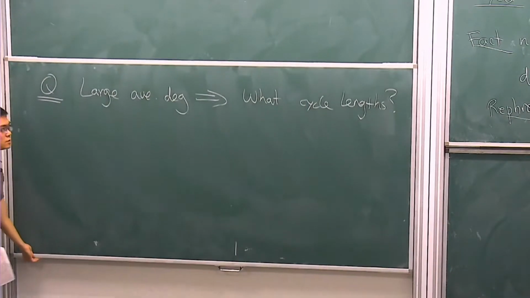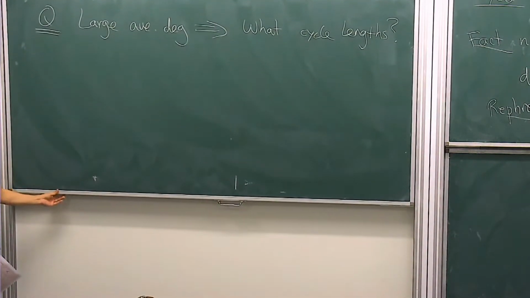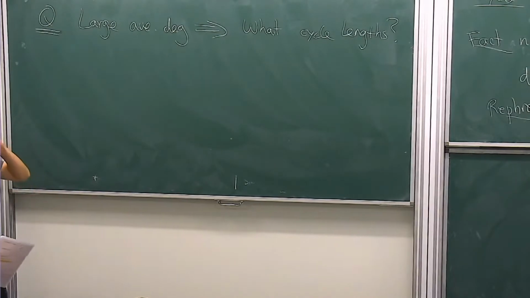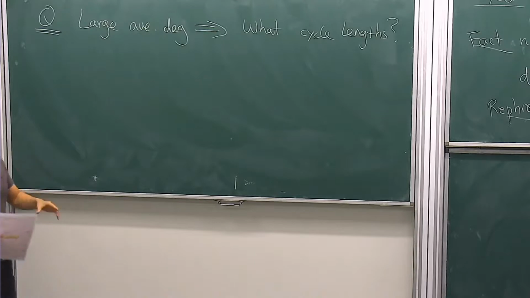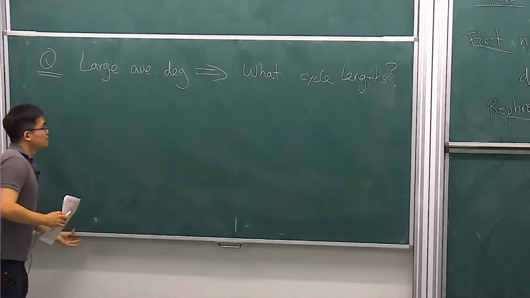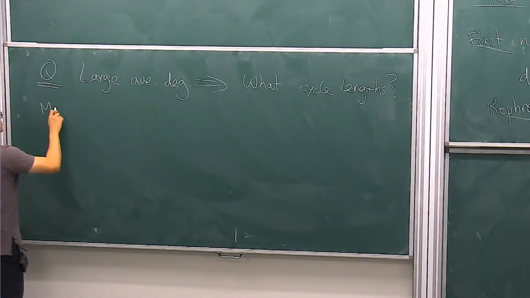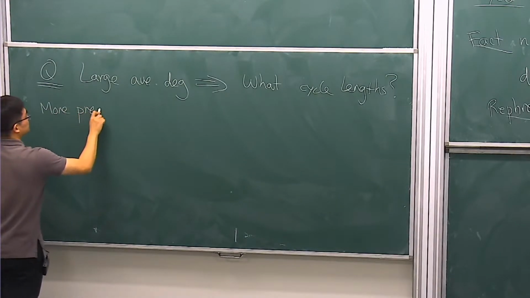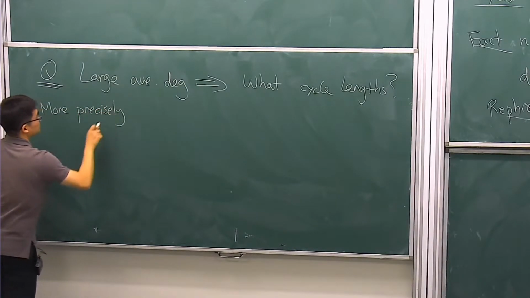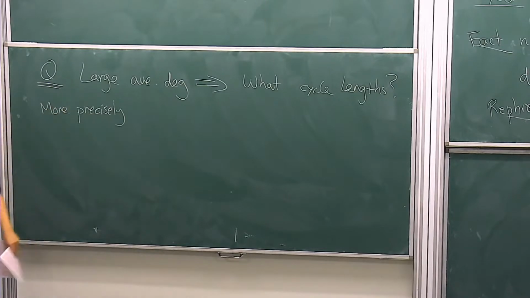Okay, so let's see some examples of this sort. First of all, we cannot guarantee any finite set. So if you pick your favorite number, that's not guaranteed. Oh, I have to make this more precise. What does it mean to force a cycle length?